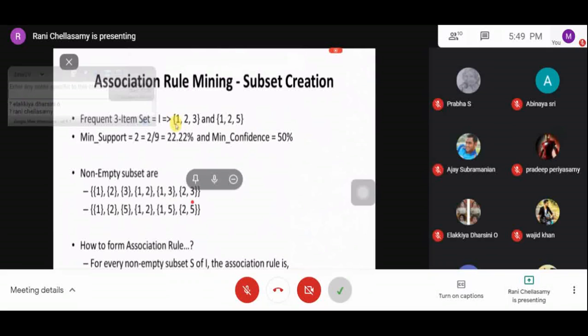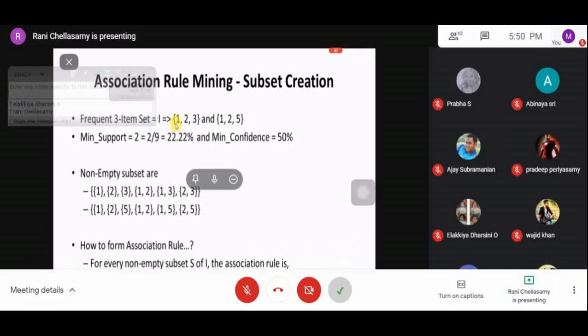And for the second set: 1 alone, 2 alone, 5 alone, and 1, 2, 1, 5 and 2, 5. These are the subsets. Up to whichever frequent item set you find, with that you have to find the non-empty subsets. With these subsets, now you are going to frame the association rules.